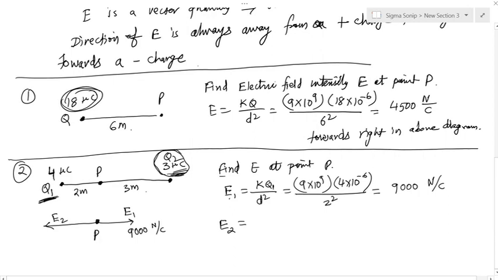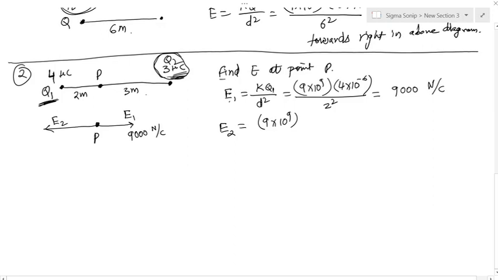KQ divided by D squared, K is the same, and Q this time is Q2, so 3 times 10 to the power minus 6, and D is 3 meters here now, so 3 squared. That gives me a value of 3000 Newton per Coulomb.